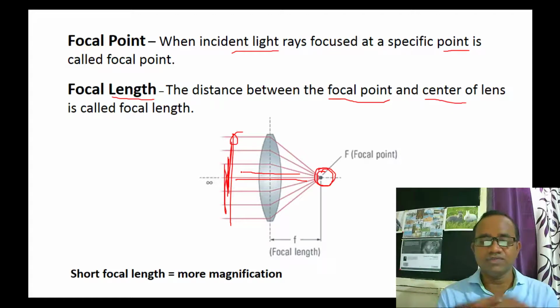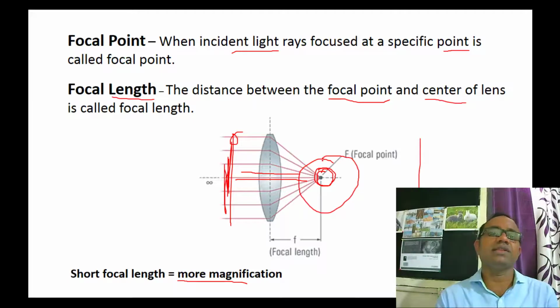Now the focal point and the focal length are very important in order to see the image in the microscope. A short focal length means more magnification. If this distance is small, we can easily see this particular object very clearly. Its magnification will be bigger.